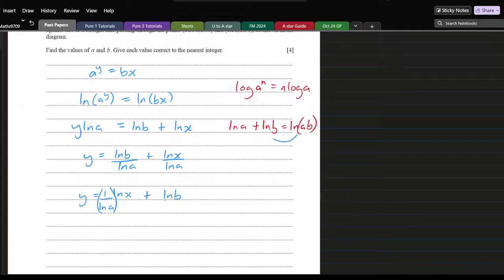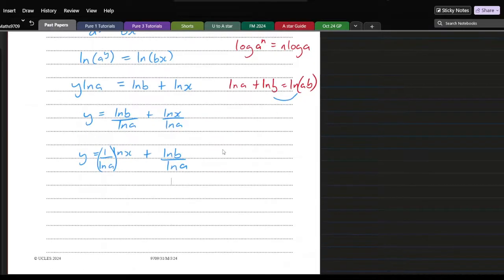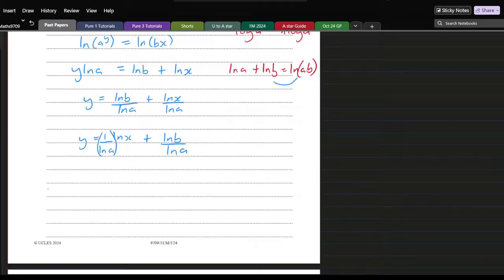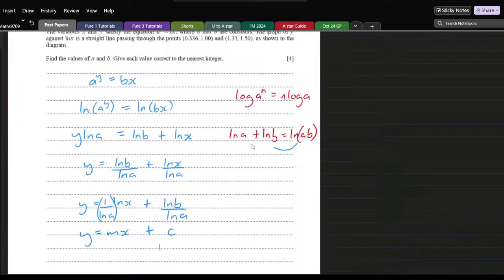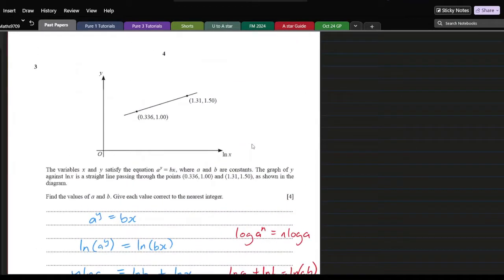Right, now we want to compare this to the equation of a straight line. The equation of a straight line can be written in the form y is equal to mx plus c. And we have been told that our line should be y against ln x. Be careful here, they're saying it's against ln x.